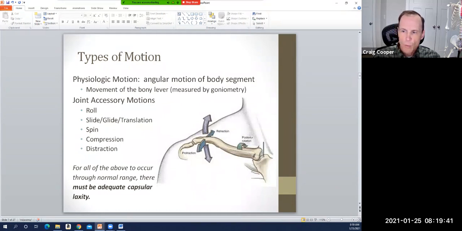So again, what we're looking at are our accessory motions: roll, slide, glide, translation. Those all basically mean the same thing, just shifting one bone relative to another. And then we have some joints that are going to spin. Compression and distraction are also considered accessory motions, and these are really easy for us to perform on the patient as a joint mobilization.